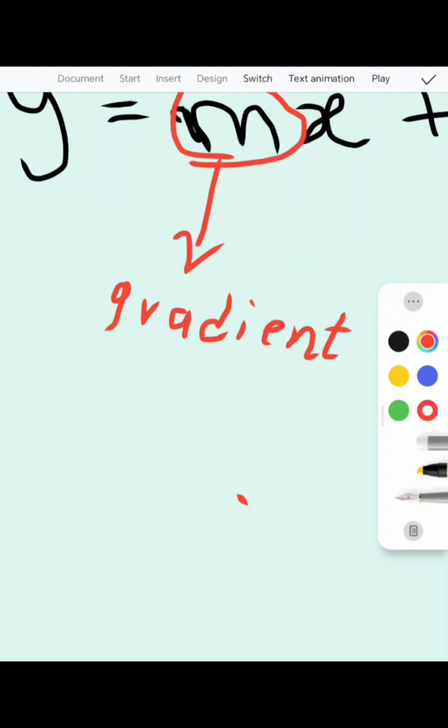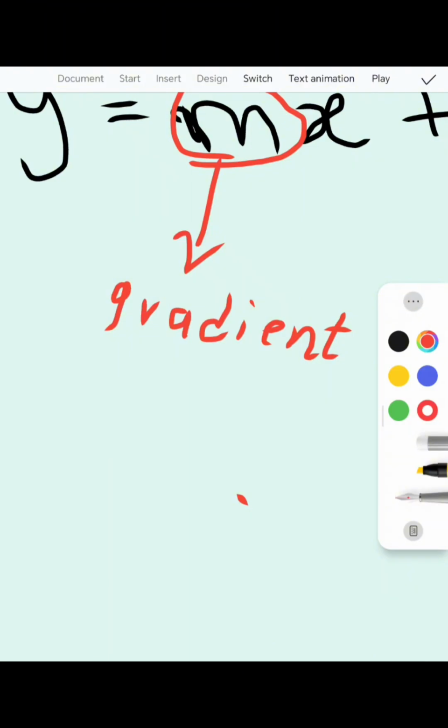You just don't understand the term gradient. When we are talking about the gradient, we are talking about the steepness of the line, because we said that our linear function is a straight line graph. The straight line graph is either steep or gentle.